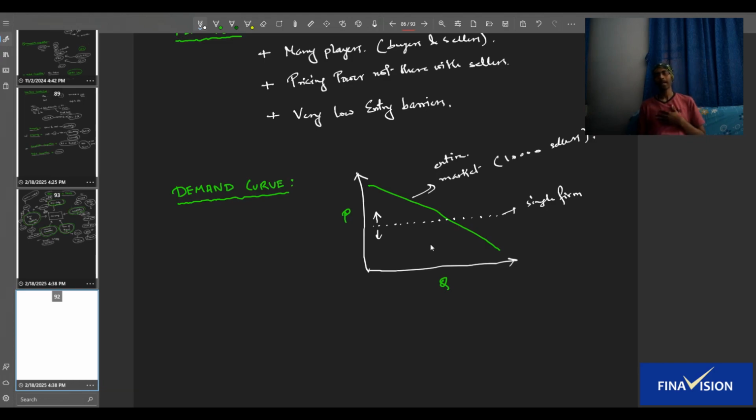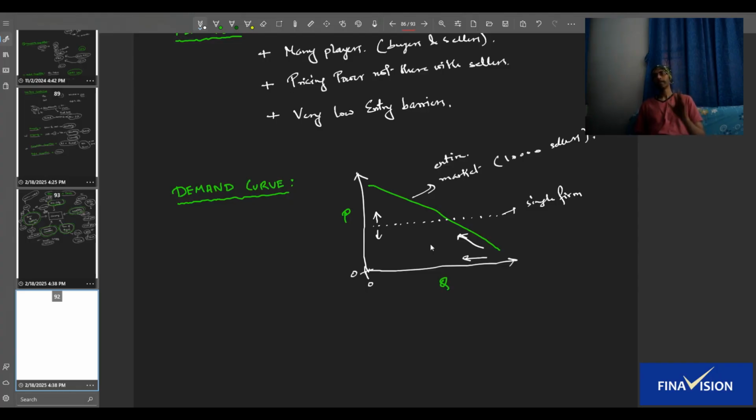Whatever commodity is being sold, the entire market's demand curve is downward sloping, which means as the price goes up, the demand will go down. Demand will tend towards zero. If it is a non-essential thing, it will obviously tend towards zero.